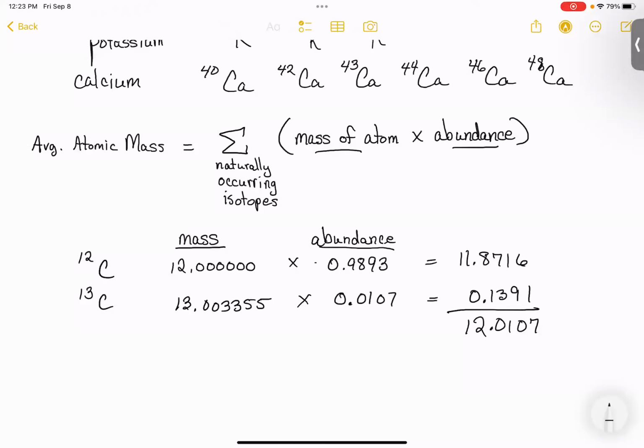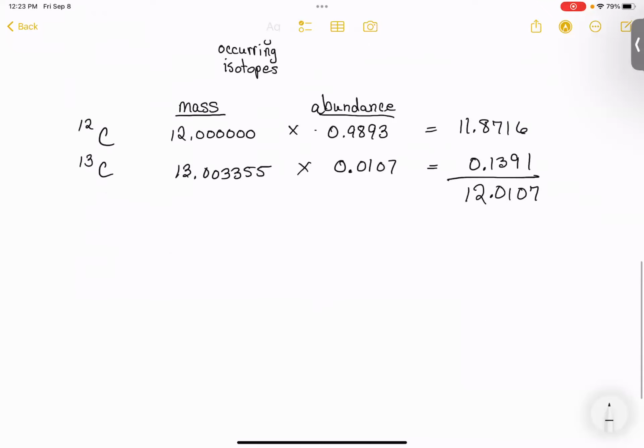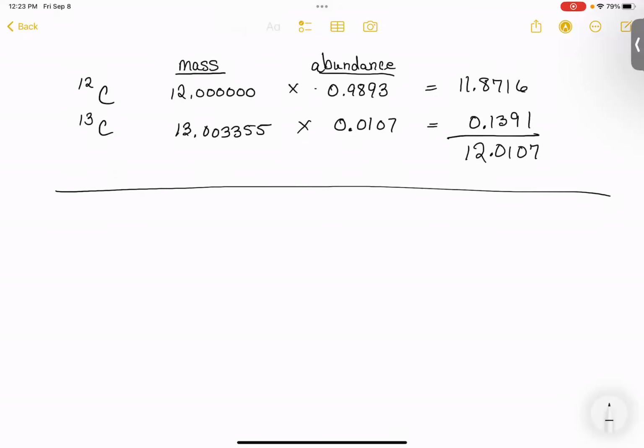Okay, so let's just look at how it would appear on a test, and then I'm going to give you problems to work. To see how it's going to appear on a test, I'm going to do potassium.